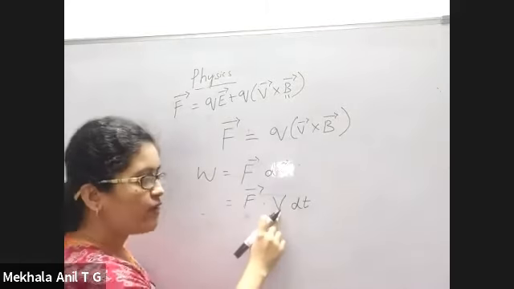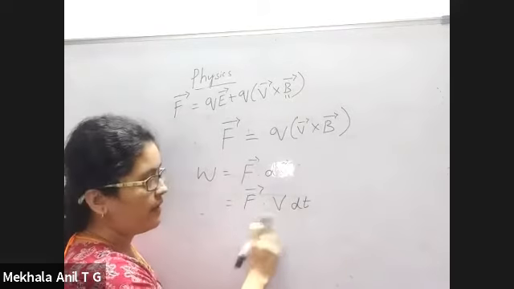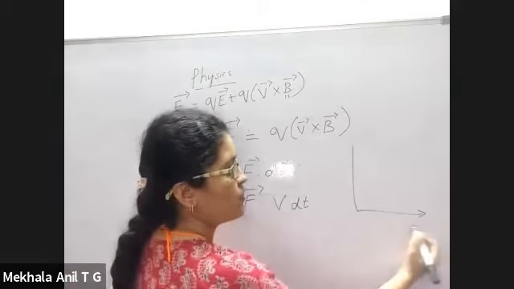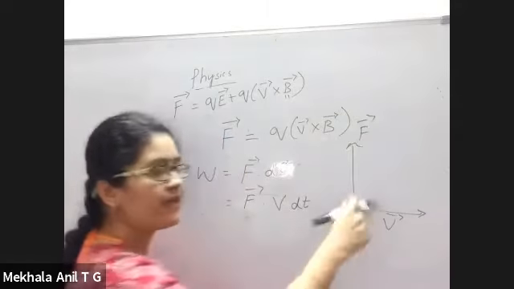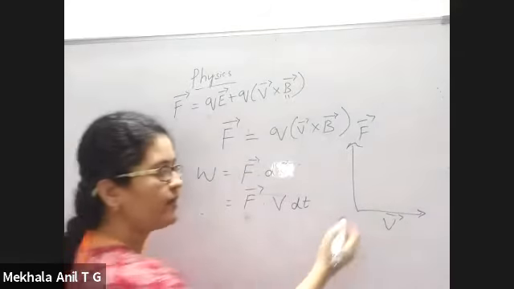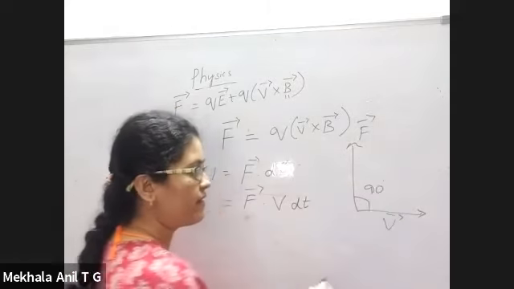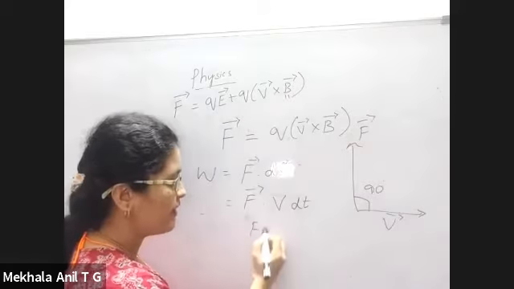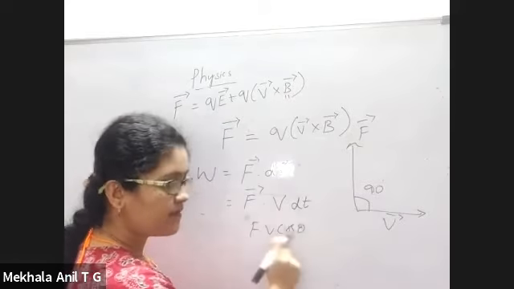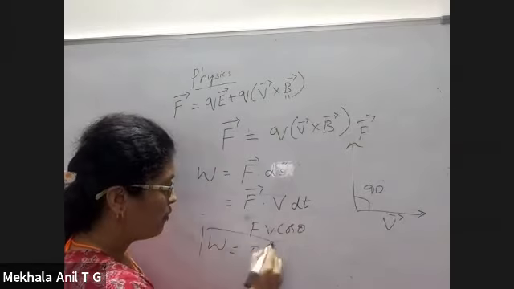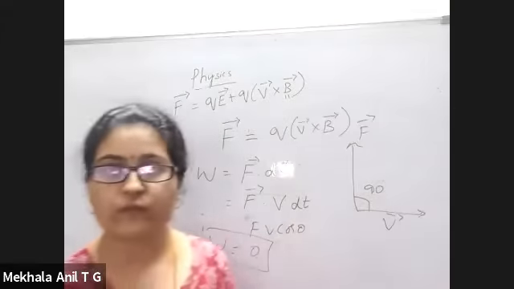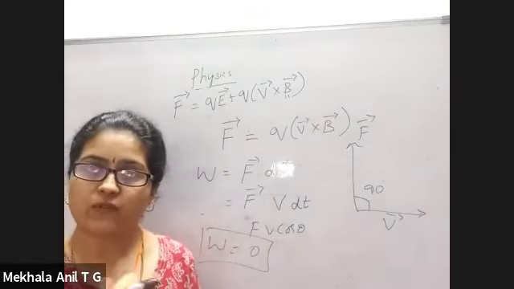Here F dot v means, as you know, force is always perpendicular to the velocity component, so it will be 90 degrees. So F dot v means Fv cos theta, cos 90, so it will be 0. Therefore, work done is equal to 0.